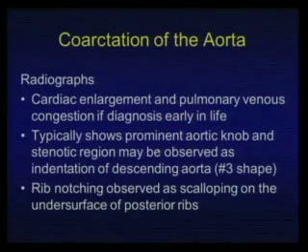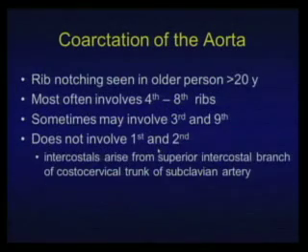If you see the radiography of this patient, you can find other findings, like, for instance, enlargement of the cardiac silhouette, and sometimes you can see congestion at the level of the pulmonary veins. Obviously, you can see the typical figure 3 sign in the aortic arch and descending aorta, and sometimes you can see the rib notching that is scalloping in the inferior aspect of the ribs.